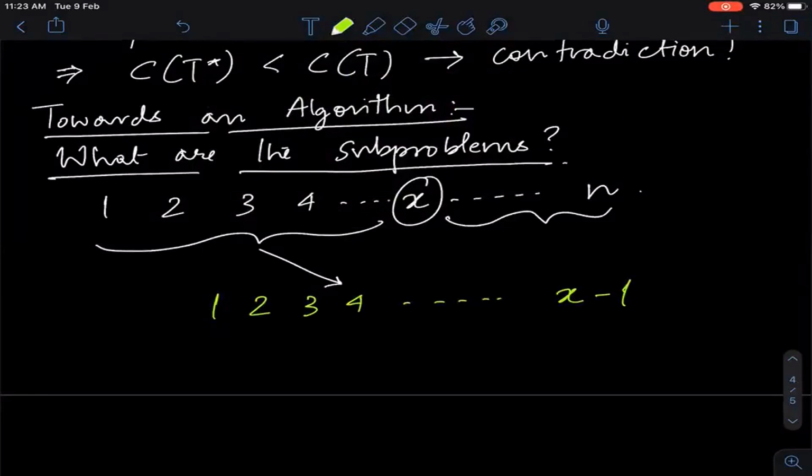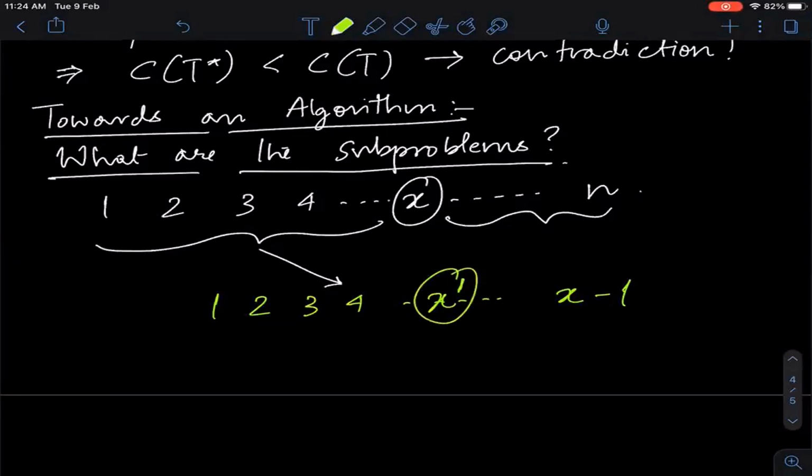Again, you have to consider all these x minus 1 possibilities for a root for this sub-problem, and you fix one, and you just go on and keep doing that.